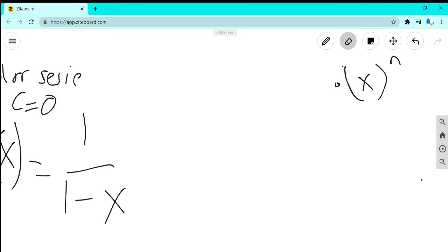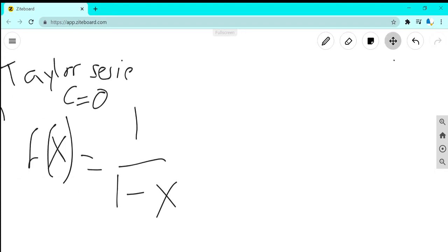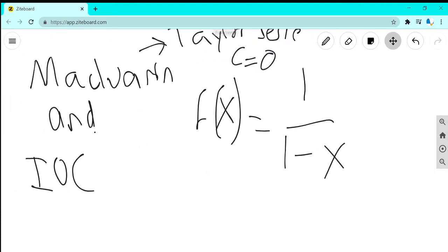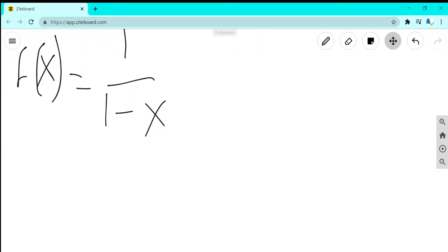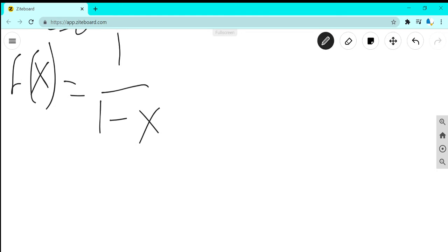So let's start trying this. So you've got 1 over 1 minus x. Oh, right, interval of convergence I'll teach when I get there. So we need to find it. Let's go over the derivatives. We know f of x is equal to 1 over 1 minus x, which I'm going to rewrite for now as 1 minus x to the negative 1.